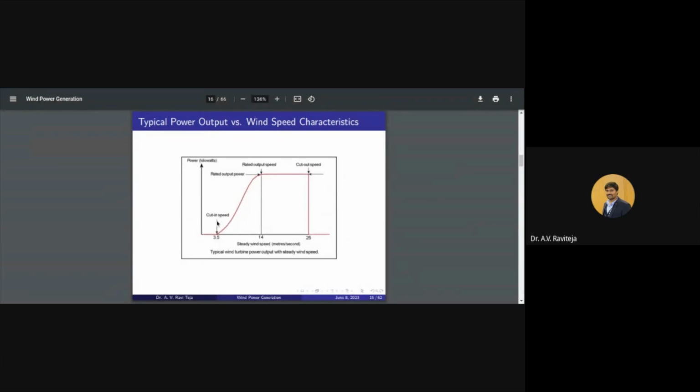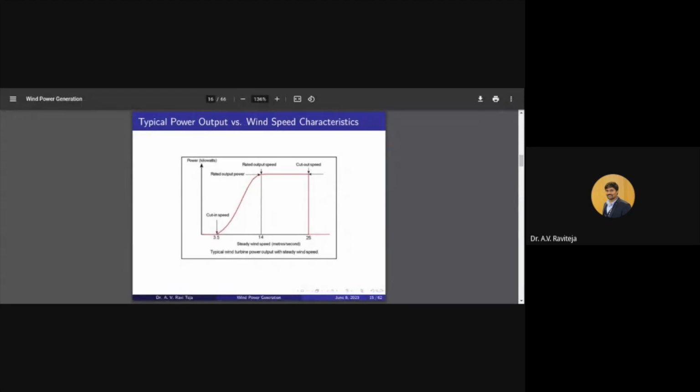So there will be a cut-in wind speed below which there will be no power generated. This is because we have seen there are various efficiencies: electrical efficiency, mechanical efficiency. And in the electrical generator itself, there are some losses called constant losses and some losses called variable losses. Irrespective of how much power you generate, these constant losses have to be met.